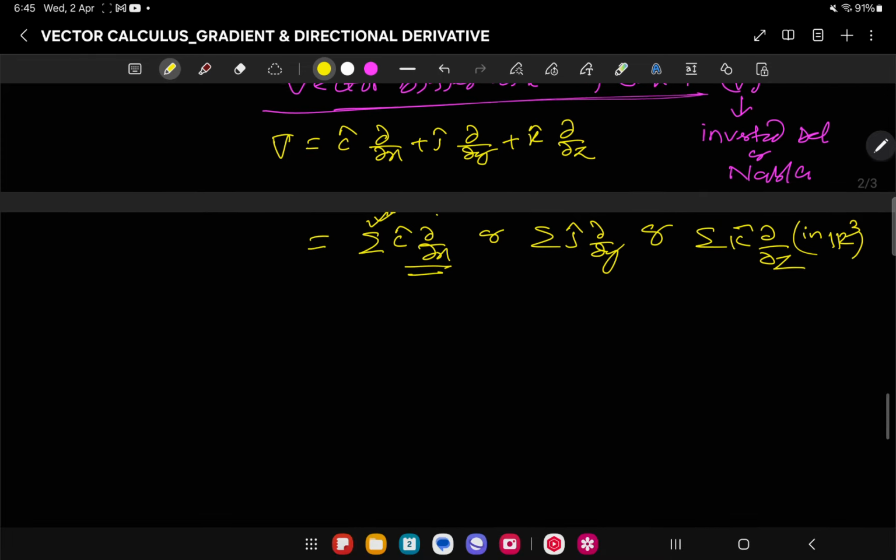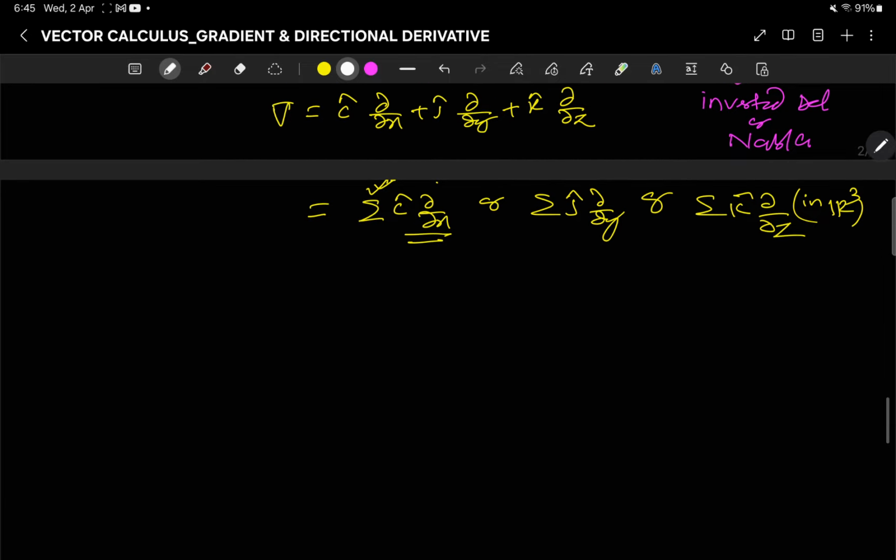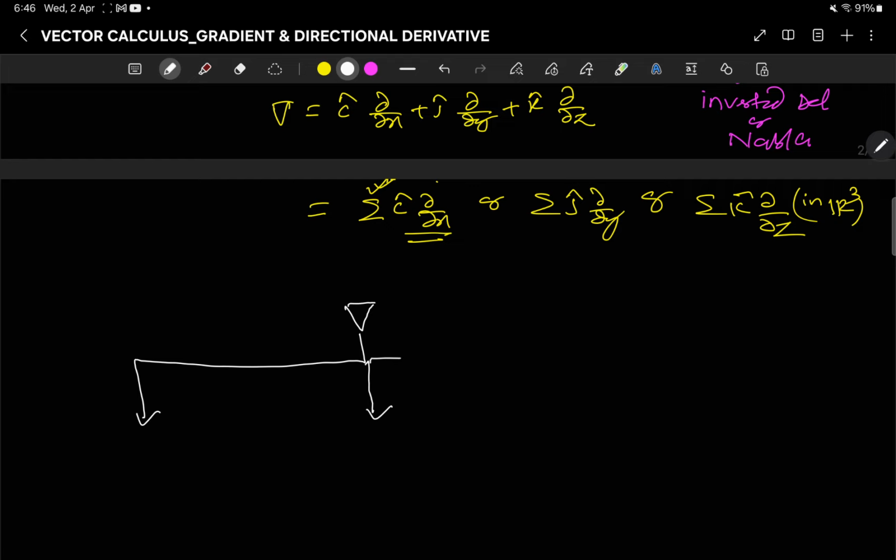Okay, so now coming to the properties of the vector differential operator, if it operates on the scalar point function and vector point function, it yields your gradient, divergence and curl as follows. Suppose del is applied over a scalar point function, f of x y z.